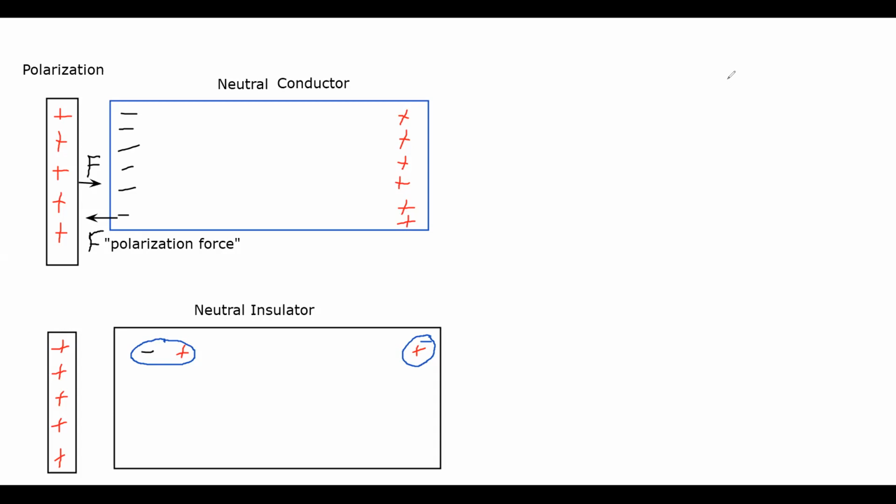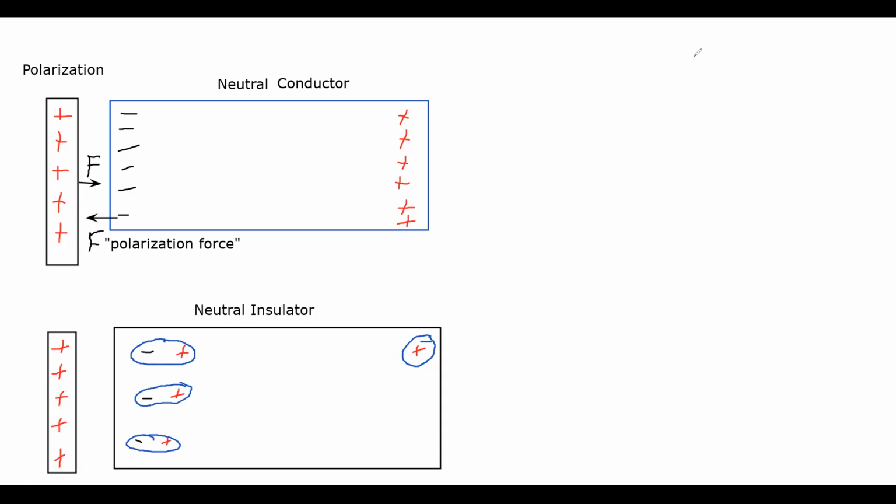Okay, and we're going to see a whole bunch of these dipoles. So let me draw a couple more. Maybe one like this, one like this, and you have your negative charges and your positive charges.